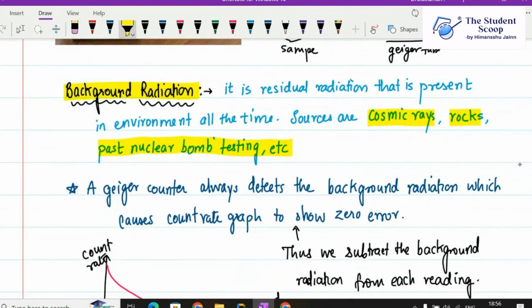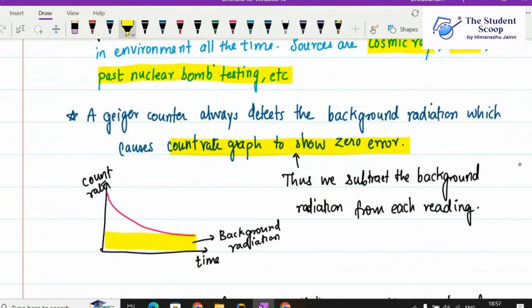So a Geiger counter always detects the background radiation, which causes the count rate to show a zero error. When you see a graph of count rate, the graph will go flat, not to zero, but to some line above. That is background radiation. So we subtract the background radiation from each reading. That's how we deal with the zero error of the background radiation.